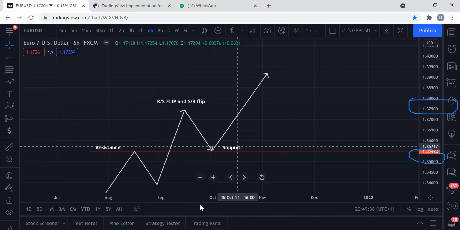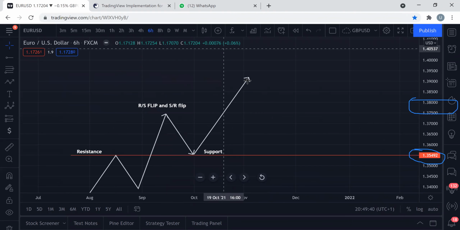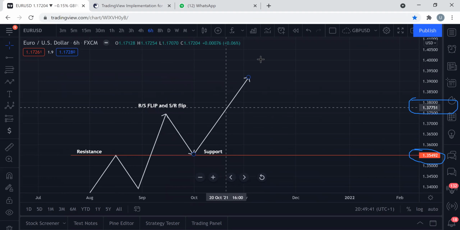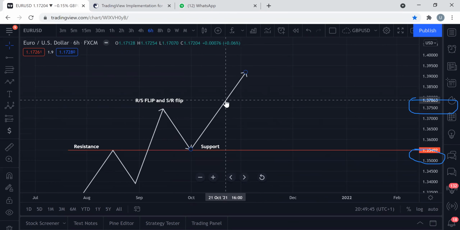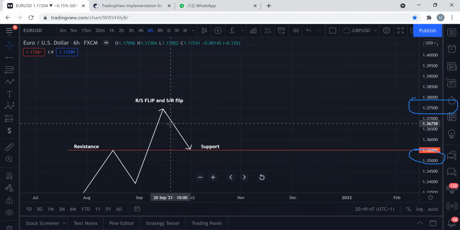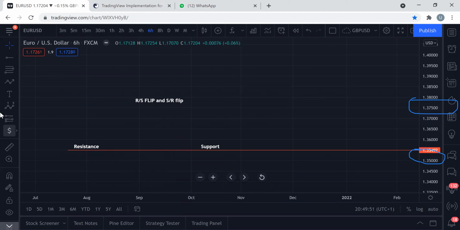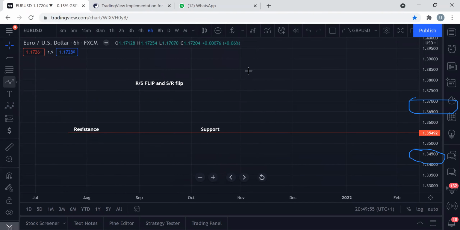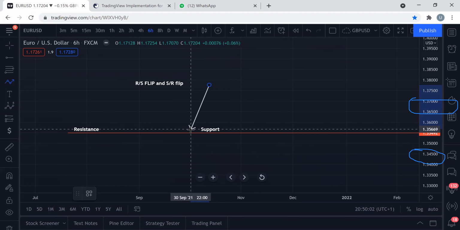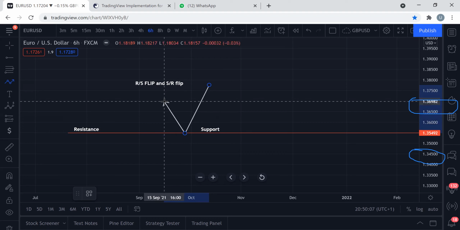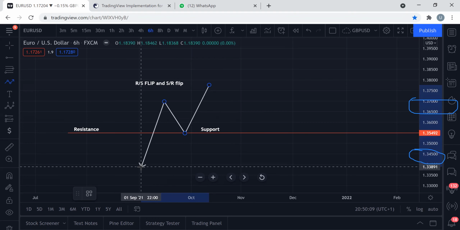And on the other hand, if a support is broken, let's say we have a support here, the price comes to it like this, bounces off, then comes back to it again.